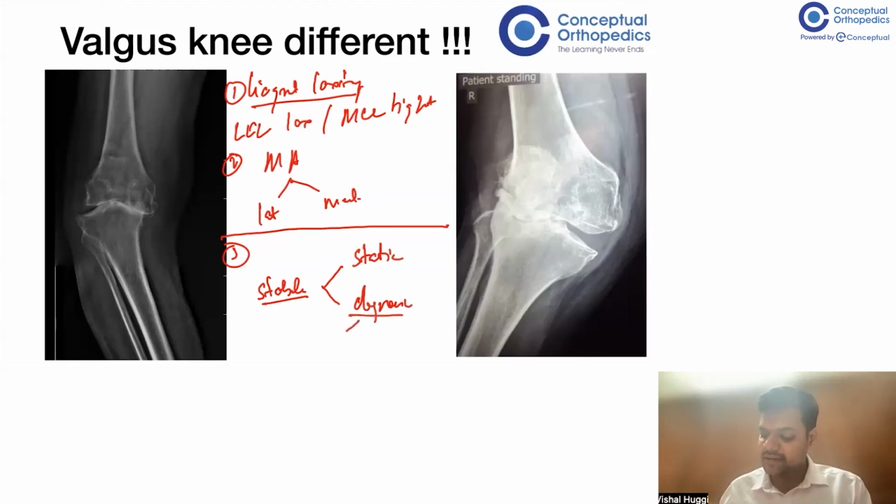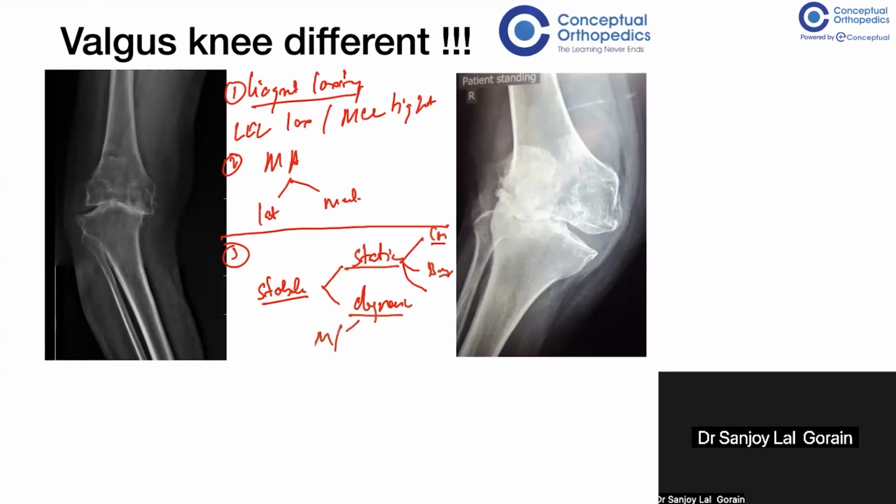In dynamic stabilizers, we have muscles. What are the static stabilizers? One is the capsule, the other is bone. Is there any other static stabilizer for a joint apart from capsule and bone? Ligaments, yes, Dr. Sanjay.